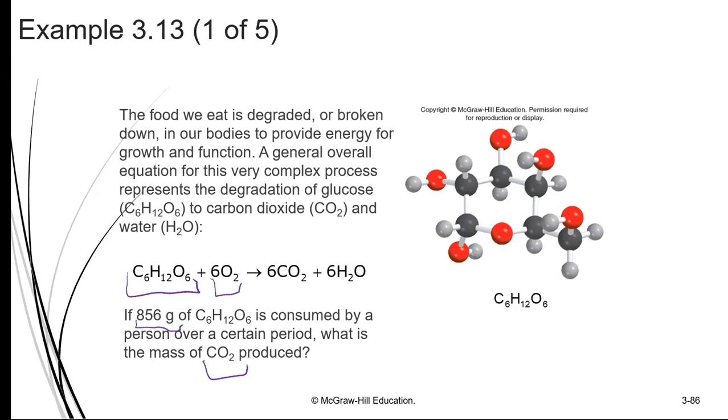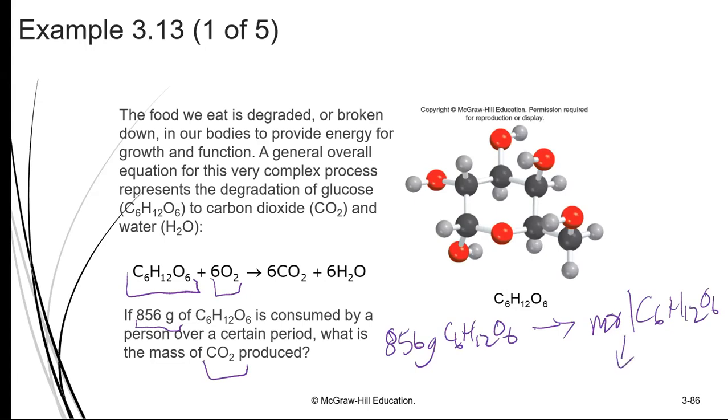So from our balanced chemical equation, what we can do is take that 856 grams of our C6H12O6, and convert that into our moles of C6H12O6. Once we have it in moles, we can then convert that into moles of CO2, and we can do that using our chemical equation. And then once we have moles of CO2, we can convert that to grams of CO2 using its molar mass.